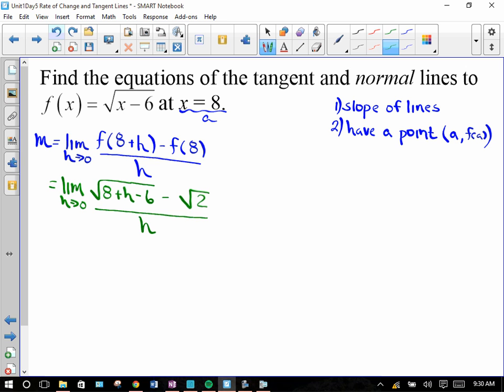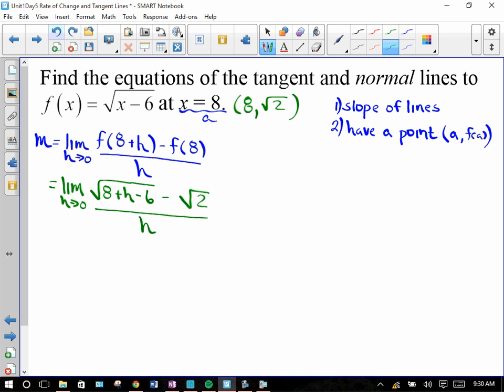Okay, so we're going to simplify it. So two things right here. We're going to simplify this. Second thing is we know f of 8 is now square root of 2, so we're going to need to know that. So we know where our point is going to be: 8, square root of 2. Okay, so we know f of a is equal to the square root of 2.